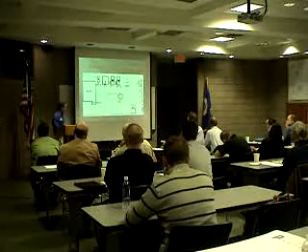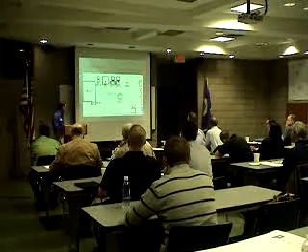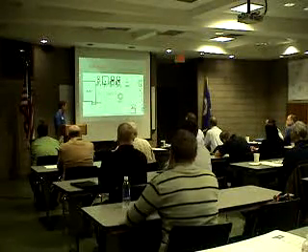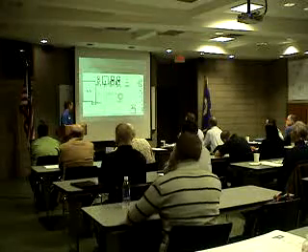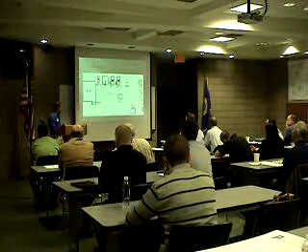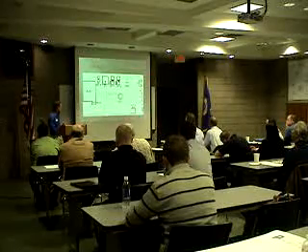The heating unit right here, along with the fan, and then on the air handling unit is the VFD.